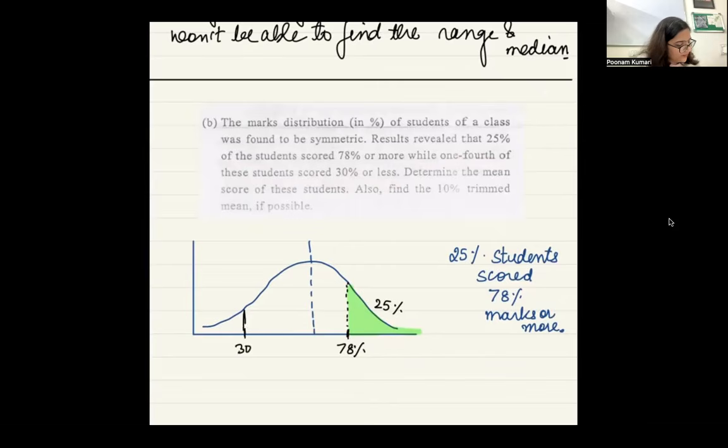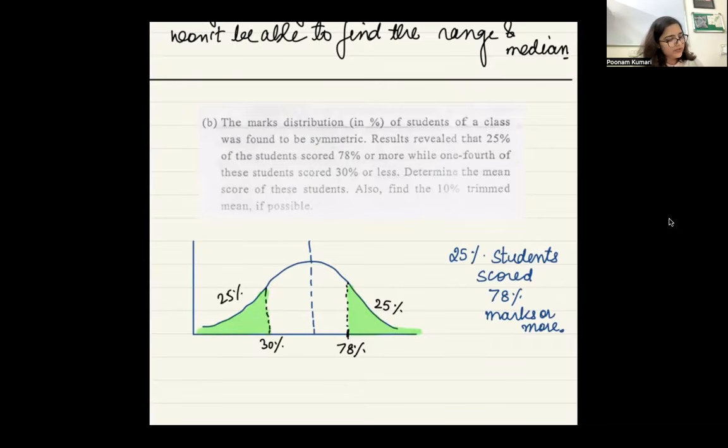The people who scored 30% or less, what is that area? 1/4, meaning 25%. Again, 25%. Okay, this doesn't look very symmetric, so let me just draw it like that. So this area is also 25%. Okay. This is the information that is given to you.